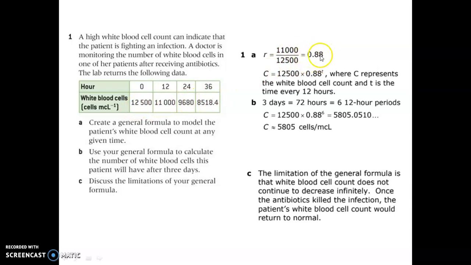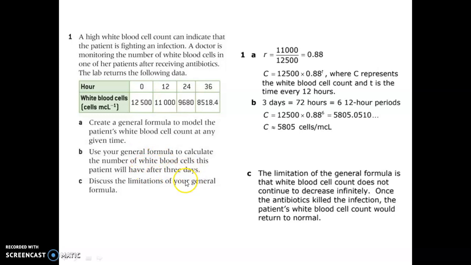So the rate is 0.88. So we have this value, U1, times the rate, and t is however many periods of 12 go by, right? This doesn't represent 1 hour. It represents 12-hour blocks because we said we jump from here to here to here. So here's our rule.